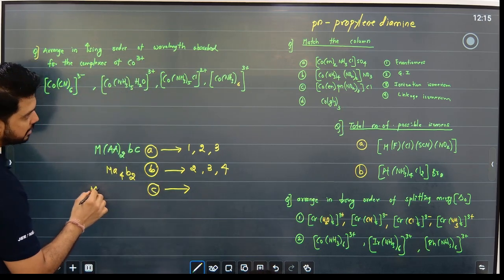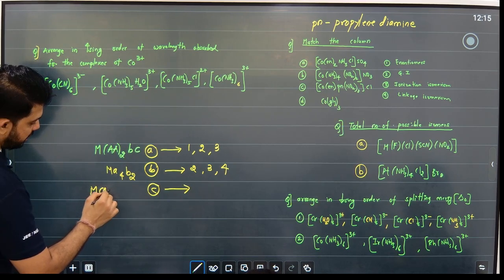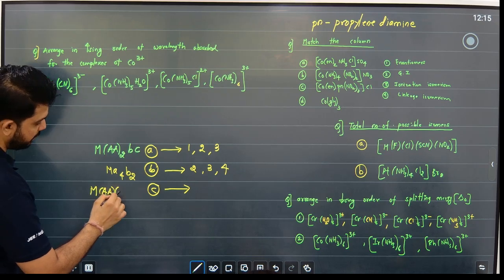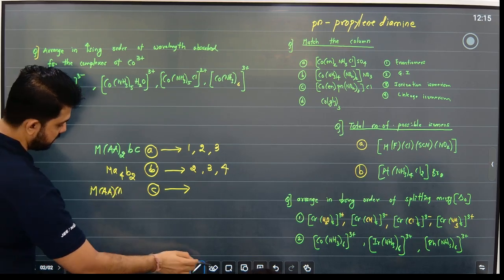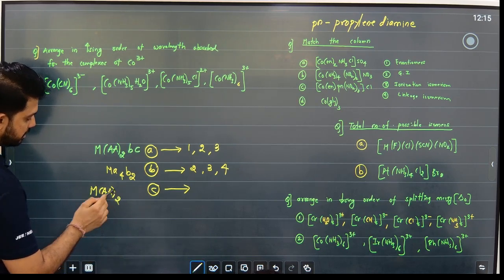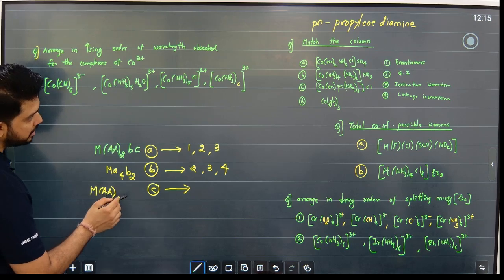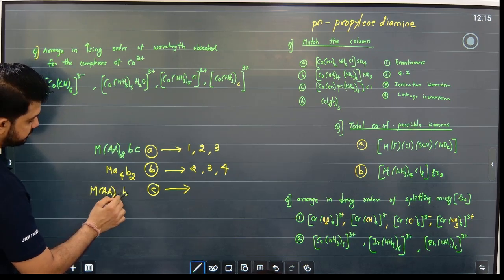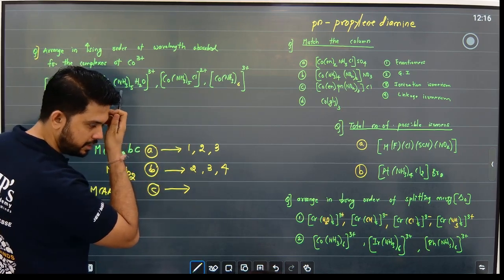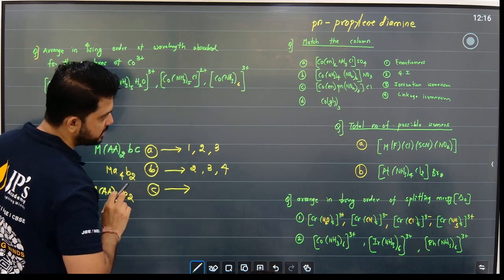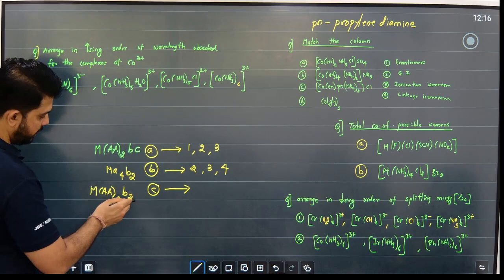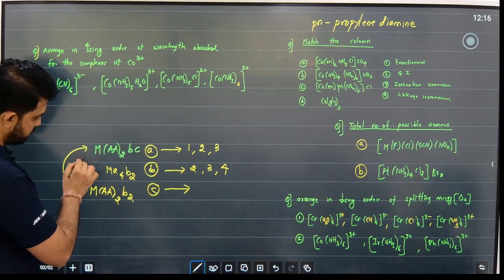M A, sorry, we can write it as MAA2 there, and B2, because propylene diamine is also a symmetric bidentate. Ethylene diamine is also a symmetric bidentate. MAA2B2, and both of these are the same.